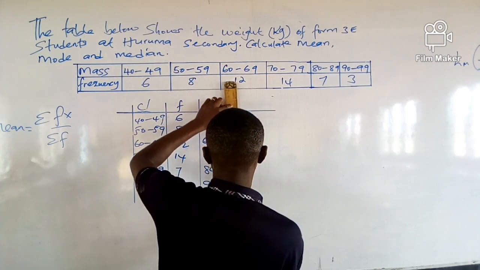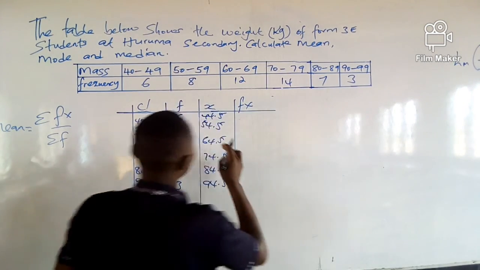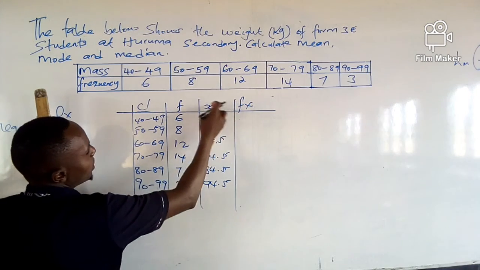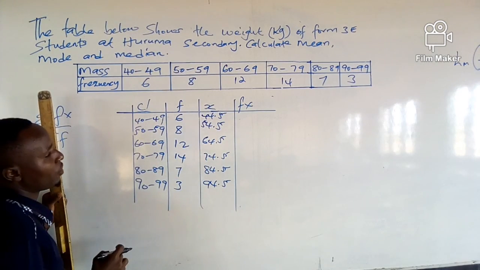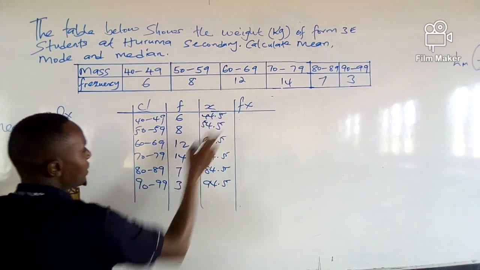So we can now find our fx. fx is frequency times x, where x represents the mid value of the class interval. So we have the column for fx.